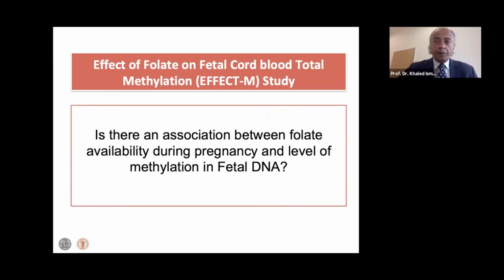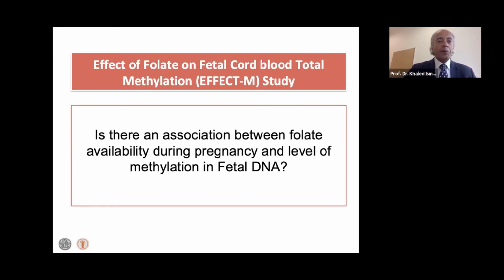And because of knowing this information, which has been known for a while, we thought maybe we can assess if there is any correlation between the level of folic acid in maternal blood, in the fetal cord blood, and the fetal level of global DNA methylation, which is something that could be measured using some surrogates, without really going into too much detail.